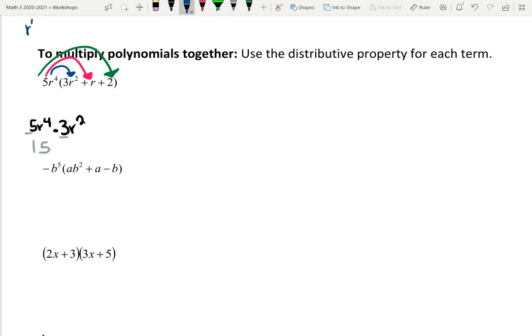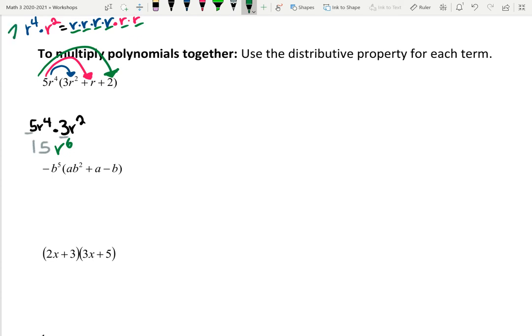R to the fourth times r squared: r to the 4 means I have 4 r's. R to the second means I have 2 r's. How many do I have total? Oh, it's going to be 6.